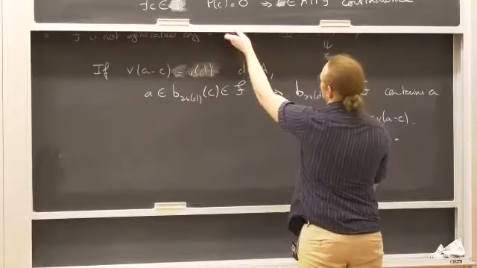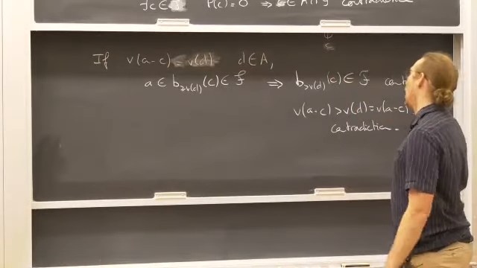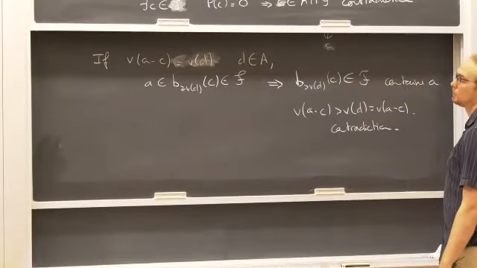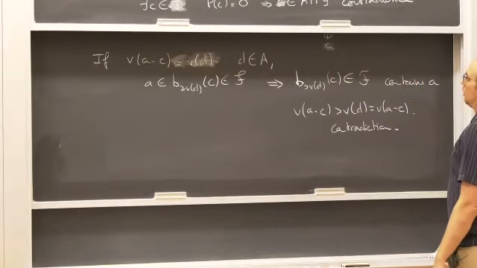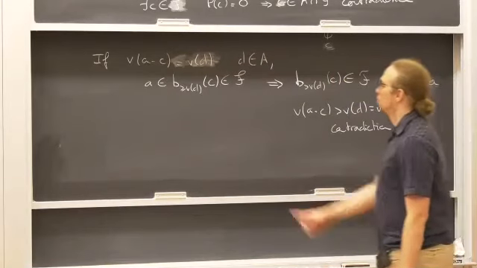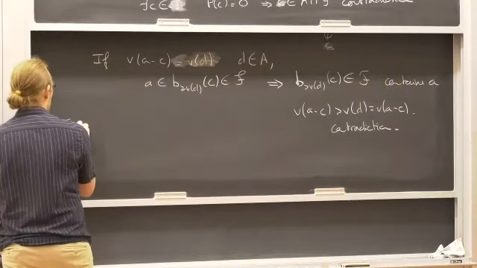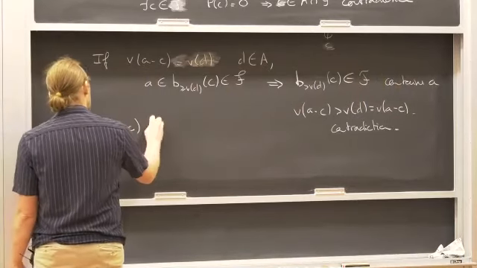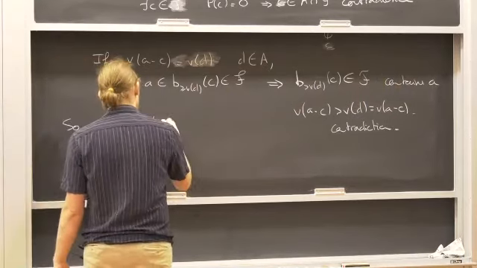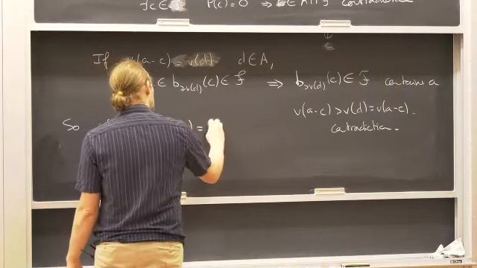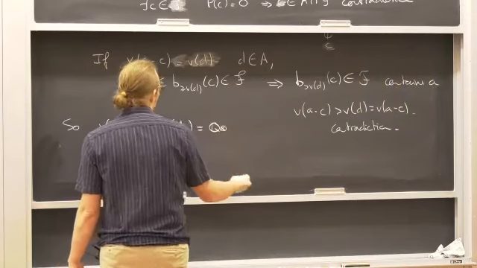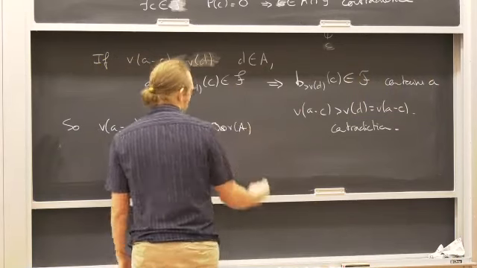So we're almost done. Yes, so we know that V of A minus C is not in V of A, which is equal to Q to its divisible hull, because A is algebraically closed.